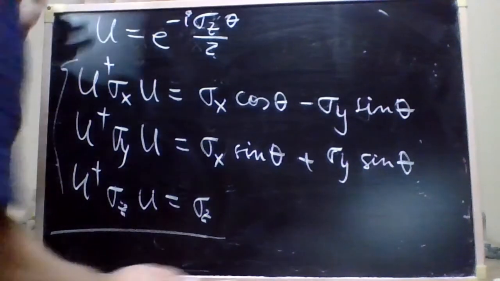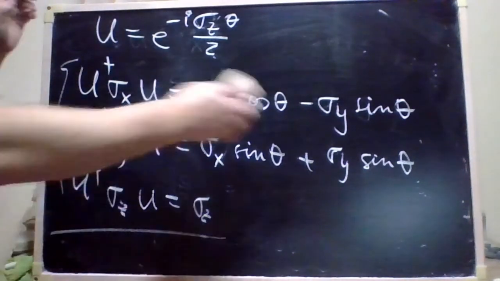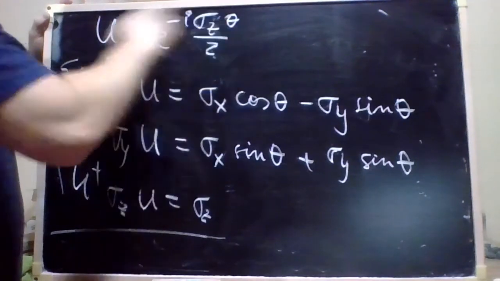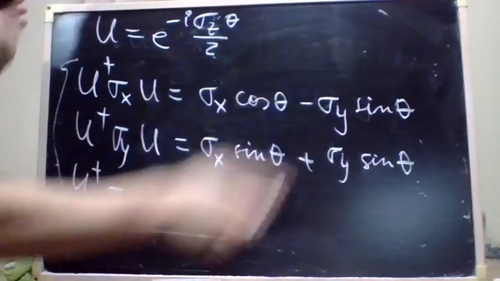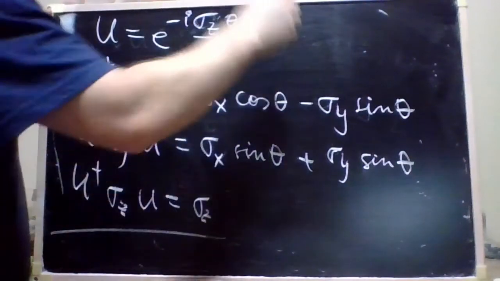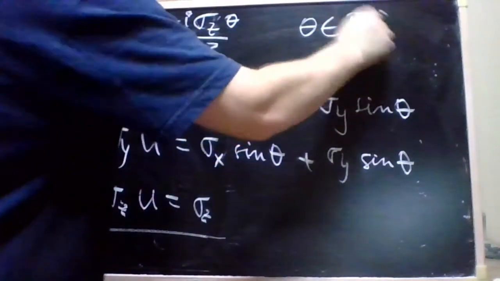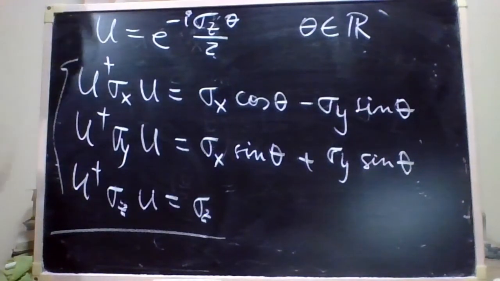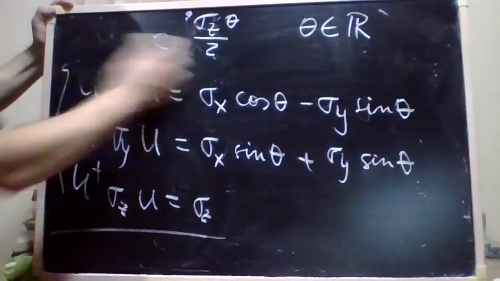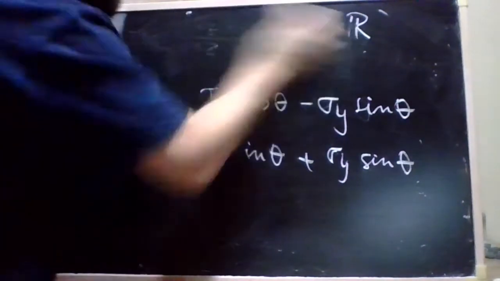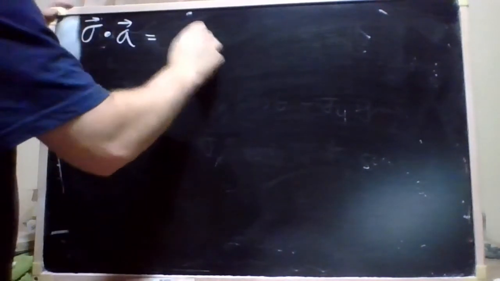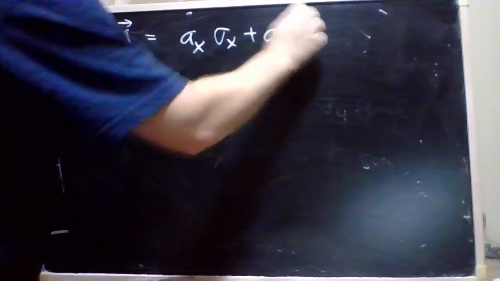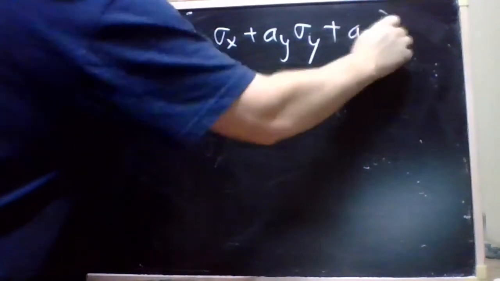All right. But now, if you use this thing, you could do the rotation by an angle minus theta. So you get a plus here and a minus here. It doesn't matter. You can change the sign of theta. Theta's only restriction is that it must be a real number, right? So now notice that a vector sigma dot a, which is the original vector, corresponds to ax sigma x plus ay sigma y plus az sigma z.